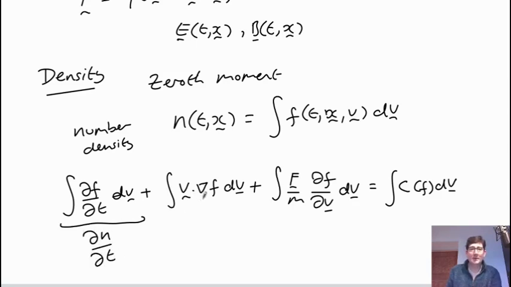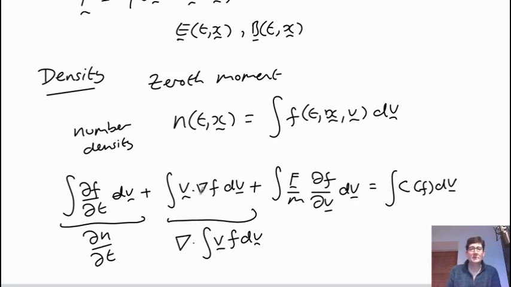This second term here, because velocity is a dimension, it doesn't depend on space, and so we can move this velocity in or out of this divergence. And so you can just write this as the divergence of the integral of v times f dv.